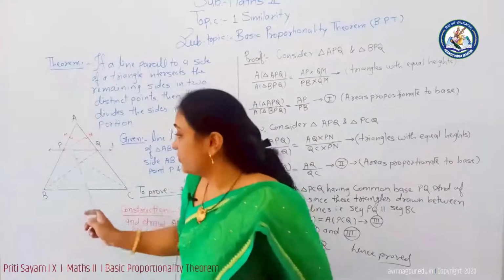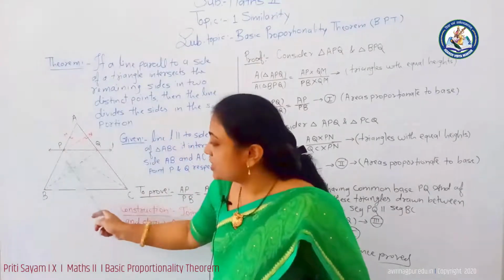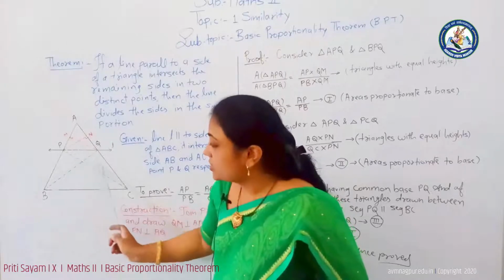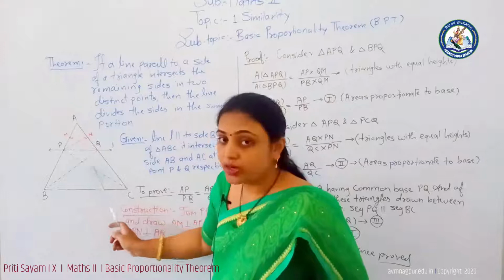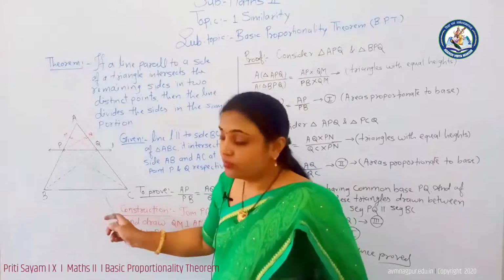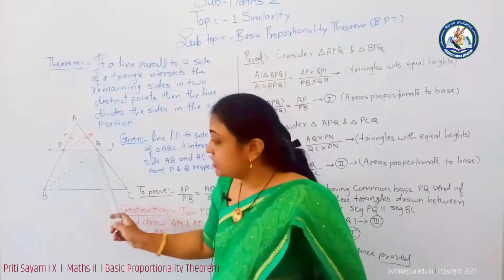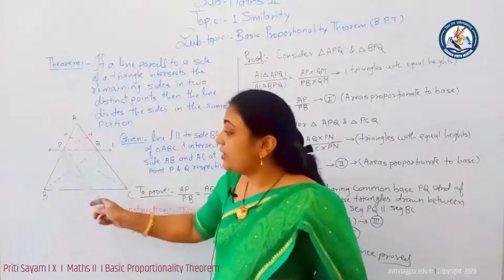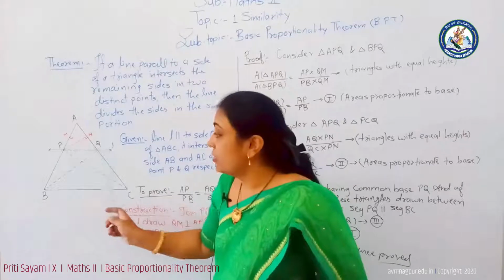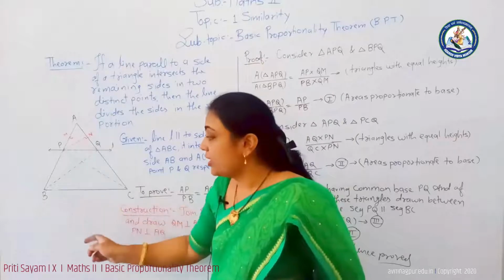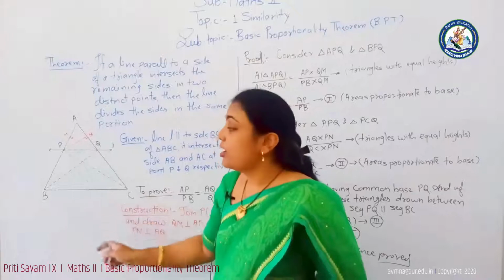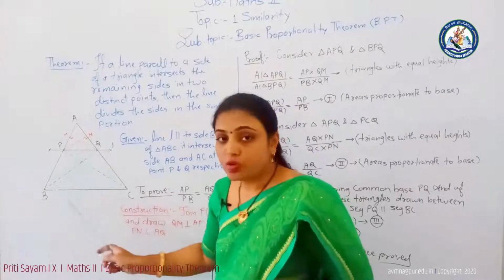See in this figure, these two triangles are drawn with equal base PQ, and they are drawn between two parallel lines, that is line PQ and BC. Therefore their base is common and their height is also common.